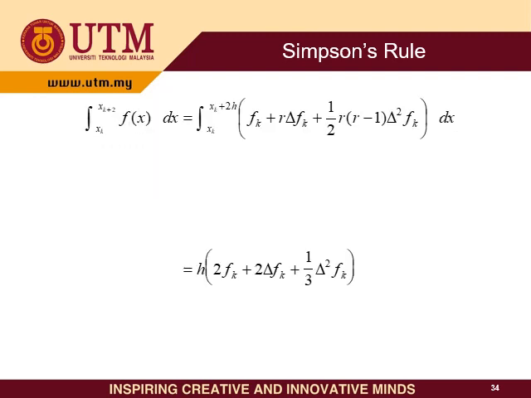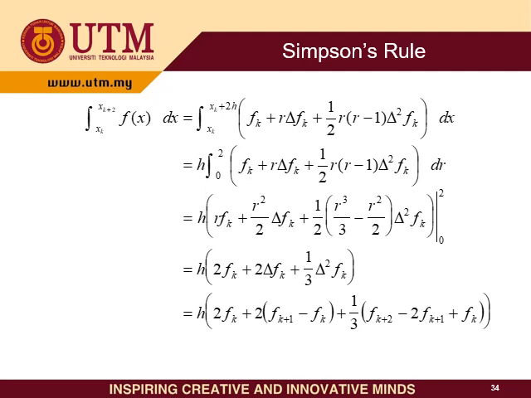Okay, this is the derivation of the formula for Simpson rule. Right, as we know, this is from our trapezoidal, and this is the one we added into the Simpson rule here. So we have the second point here.